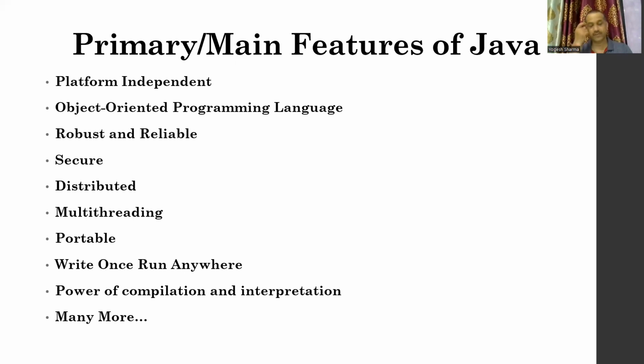When I say platform independent, it means that whenever I want to run a Java program from one platform on another platform, we can do this with the help of the JVM or bytecode. So platform independence is achieved with the help of the JVM or bytecode.